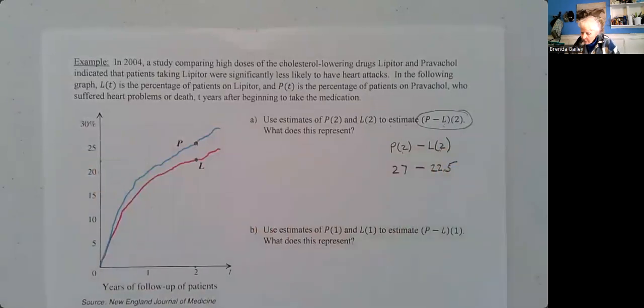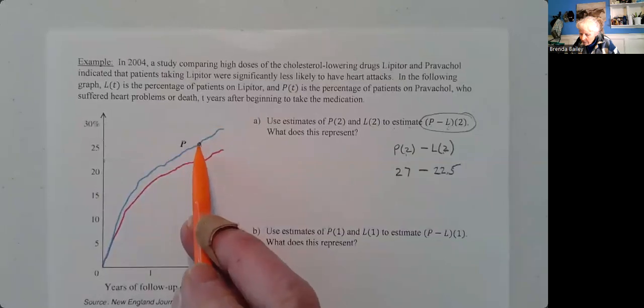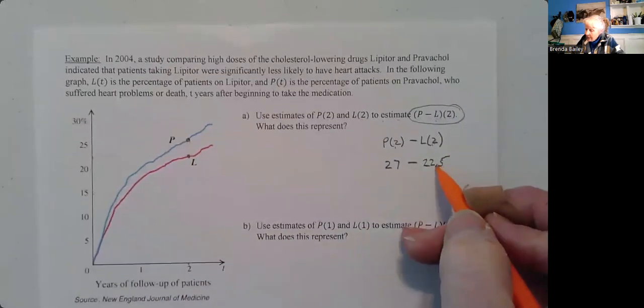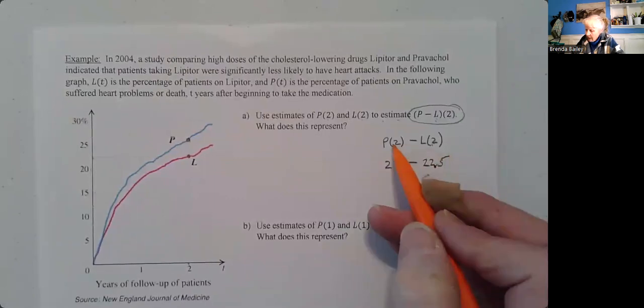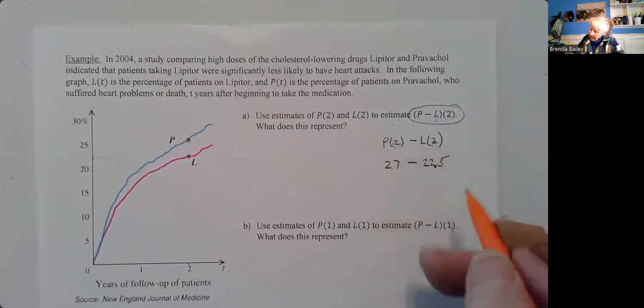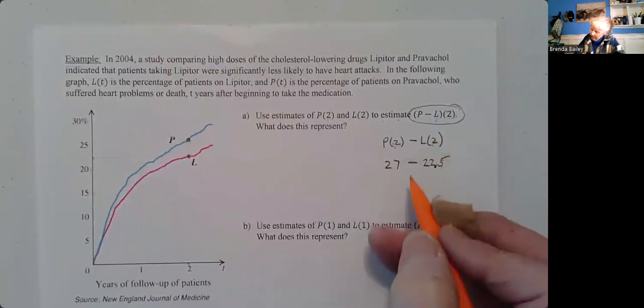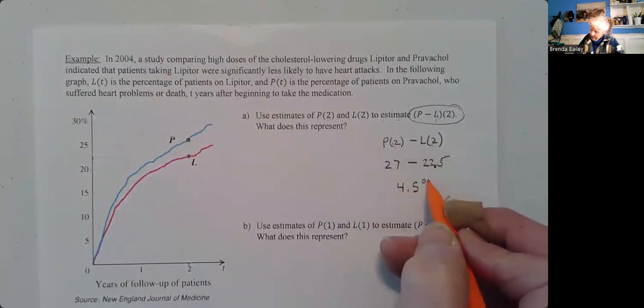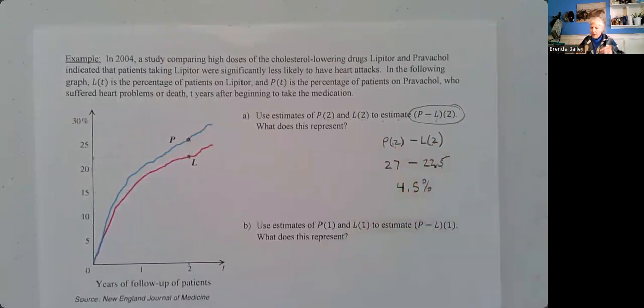I don't think that one was going to be a half. These are just estimates. Now we subtract the Provachol after 2 years and the Lipitor after 2 years, and you're going to get 4.5%.